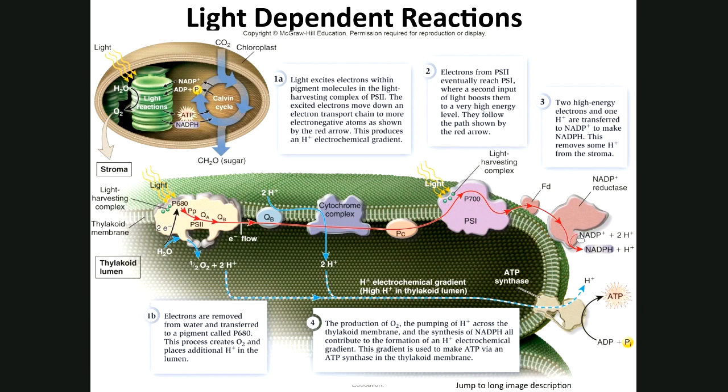So again, the goal was two things. Number one, make ATP, and number 2, make NADPH. And in both cases, all this is energized by the light and the electrons moving. So again, first light hitting here, then electrons arriving here gives it energy. We're pumping hydrogen ions into the lumen. We get a hydrogen ion gradient.